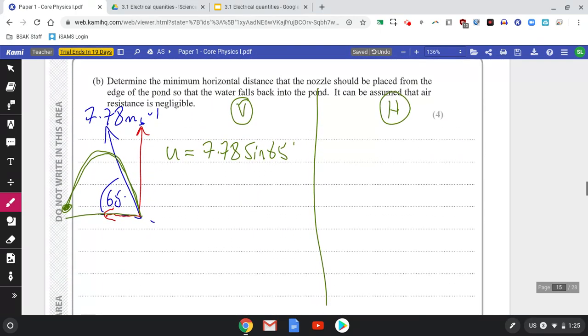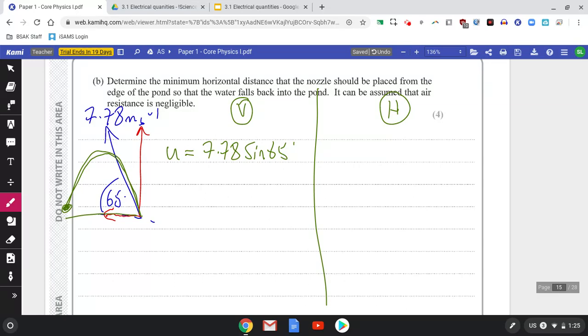So what else do we know? My favorite equation, there's two equations of motion we can use here, but I much prefer using v equals u plus at, because we don't have a quadratic involved.